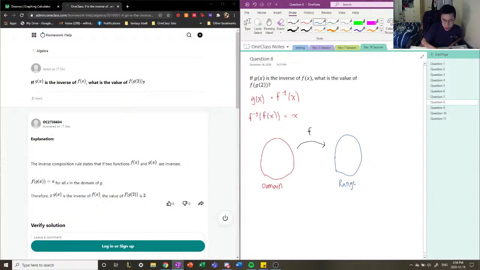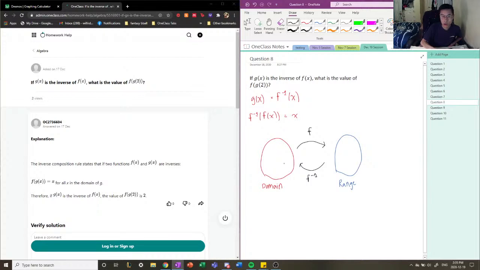So the function is kind of like a bridge that maps one value in our domain to another value in our range. The f inverse takes values from our range and maps it back to a value in our domain, and it's going to be that same value. So f inverse just reverses whatever the function does.